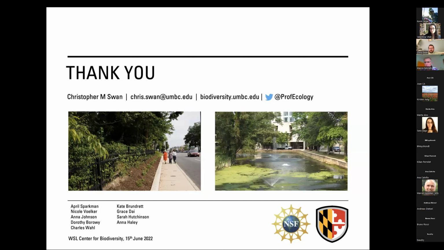But if you looked along a socioeconomic gradient, you might see something different, and that might help us understand something else about biodiversity.